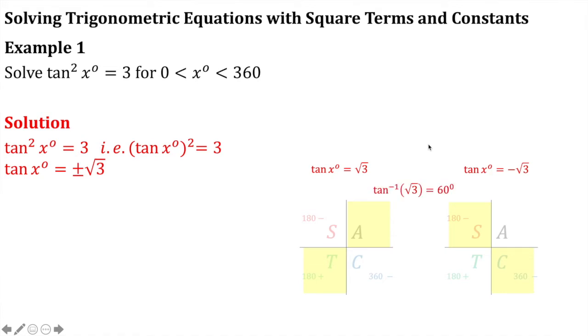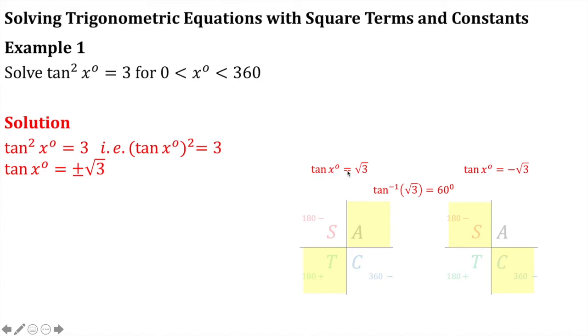Now if we take inverse tan of root 3, that is one of our exact values, and that is 60 degrees. We should know those by now. And that calculation will help us with both of our CAST diagrams, no matter whether it was positive or negative in the first place.